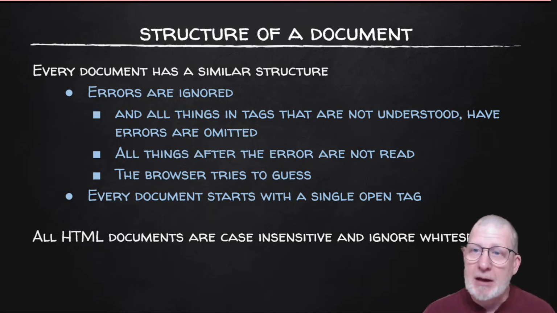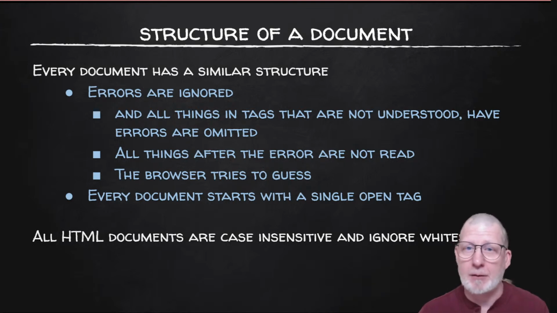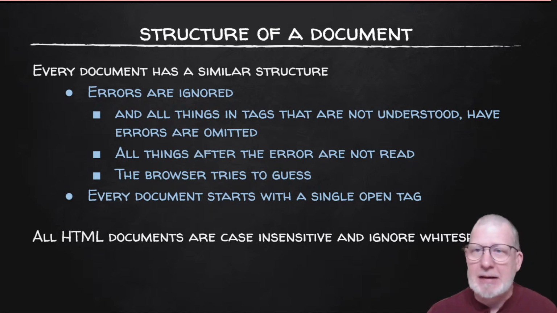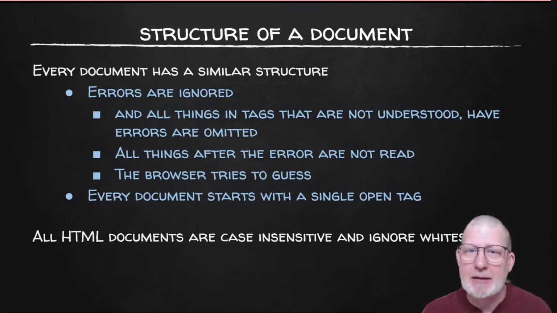That means you might have a ton of errors in your file, but the browser won't tell you about that. It'll still look okay. Sometimes you won't see anything at all. If the errors are too severe, the browser can't guess at what you were attempting. Some of the things the browser will make intelligent guesses at, and sometimes they will guess wrong.